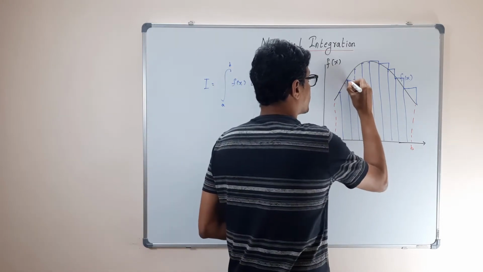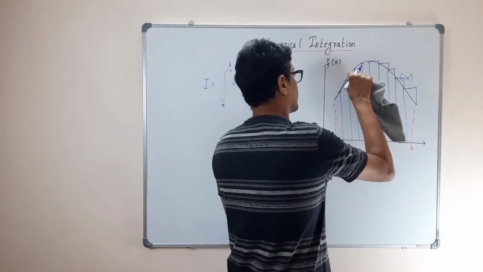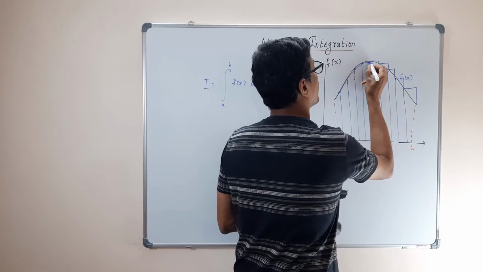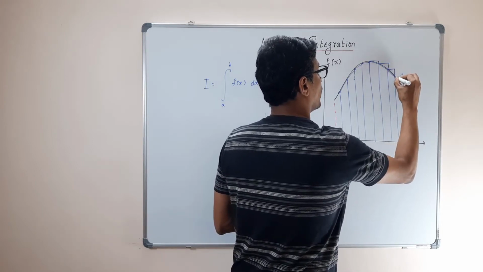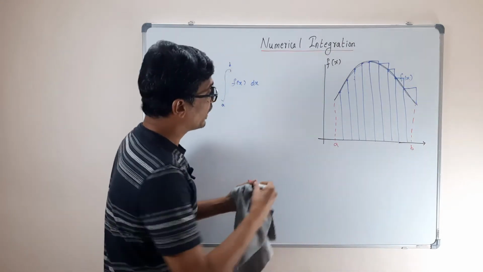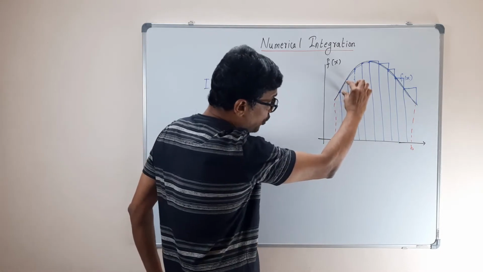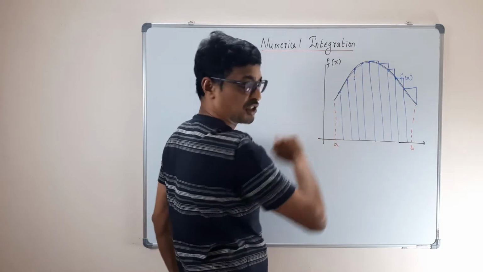So when it is a straight line, I just connect the points with a straight line. You can see, when I interpolate the function between 2 points with a straight line, this is going to be better than my earlier estimation.